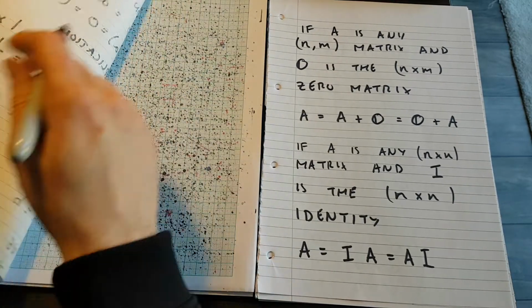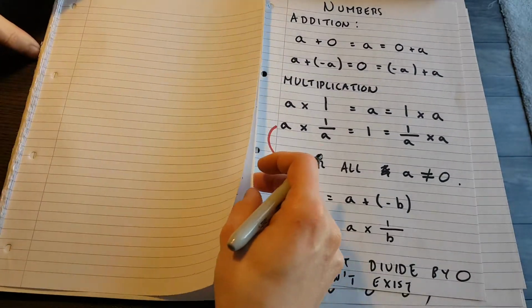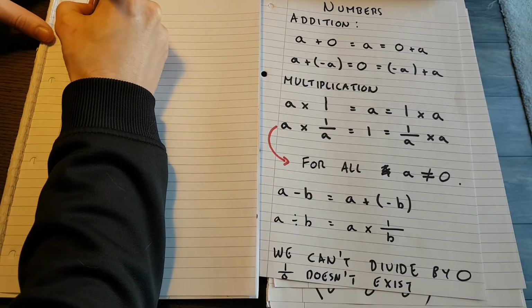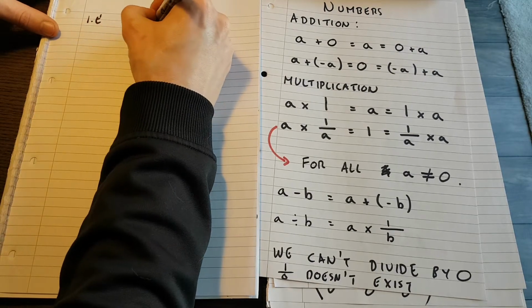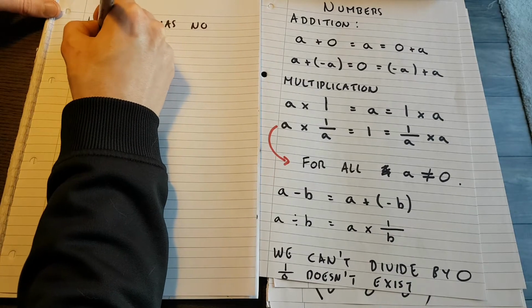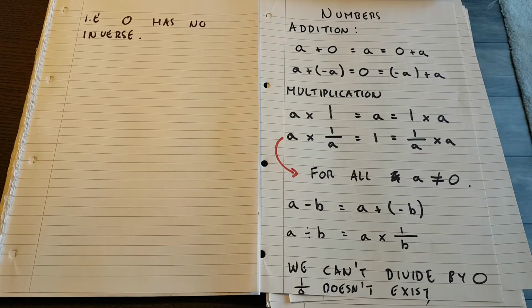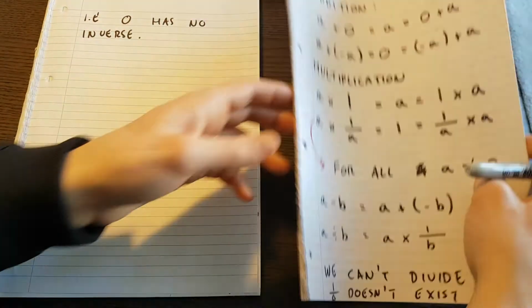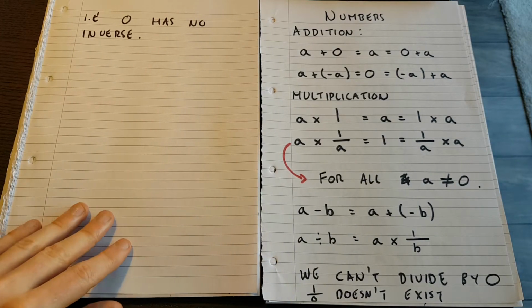But that's not really the big takeaway. The big takeaway is that 0 doesn't have an inverse. Zero has no inverse. So 0 is the only number that doesn't have an inverse, in the context of normal numbers.